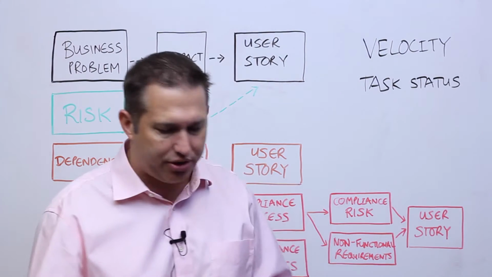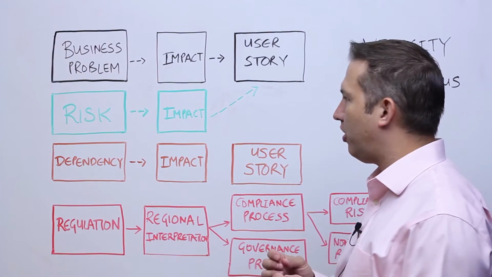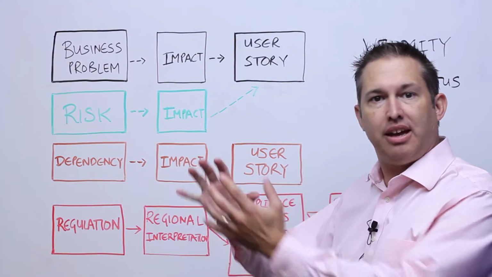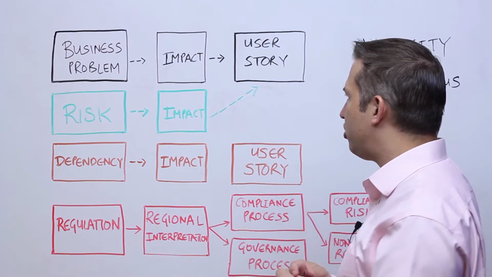But one of the other most critical aspects of transparency in Agile is actually transparency from the business side of the organization to your execution team.